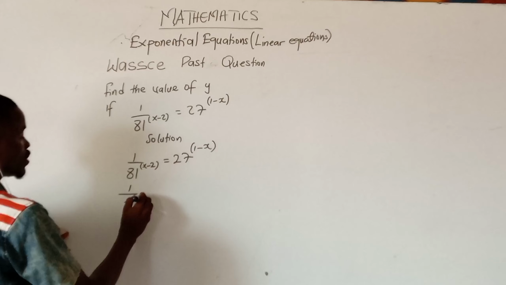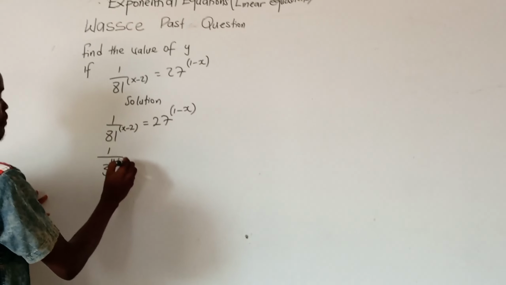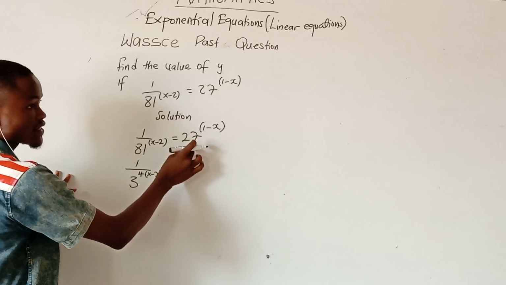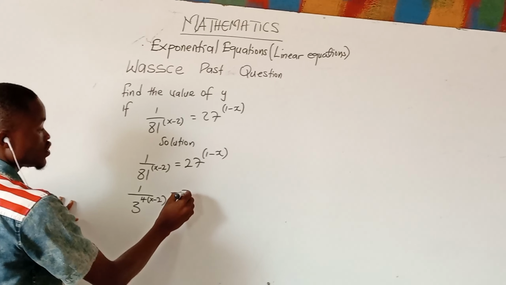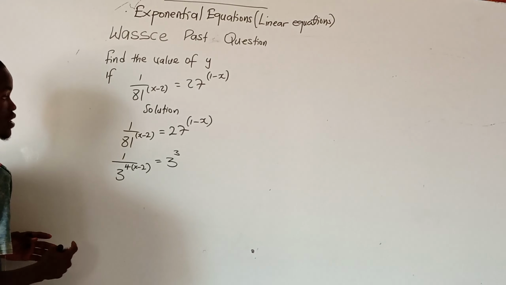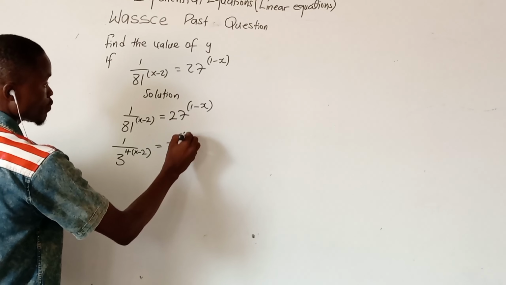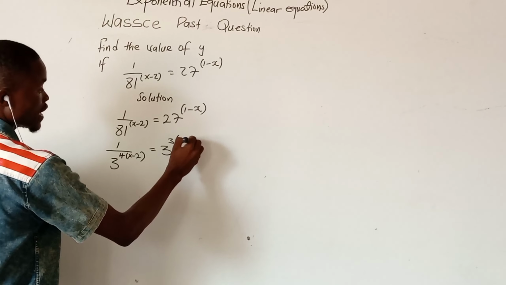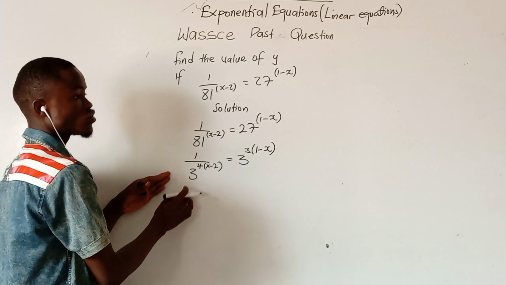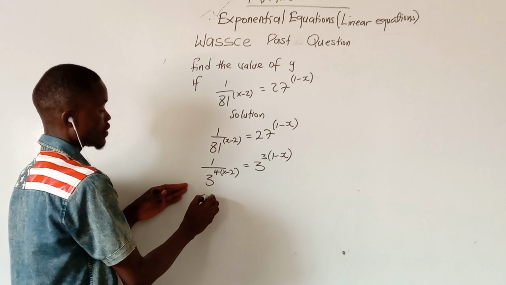The bracket, x minus 2, equals, express this 27 also in index form, 3 raised to the power 3, which gives us 27. Bracket open, 1 minus x. So you change this fraction to a negative index.